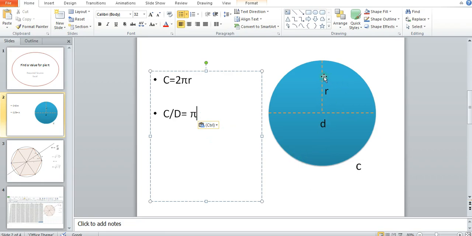If we draw a small circle with 1 centimeter radius, then the ratio between C and D for that circle does not change.